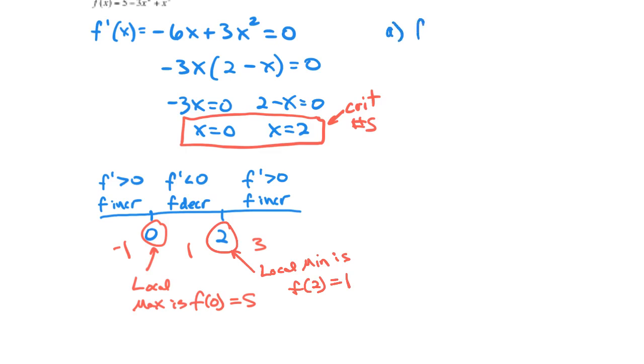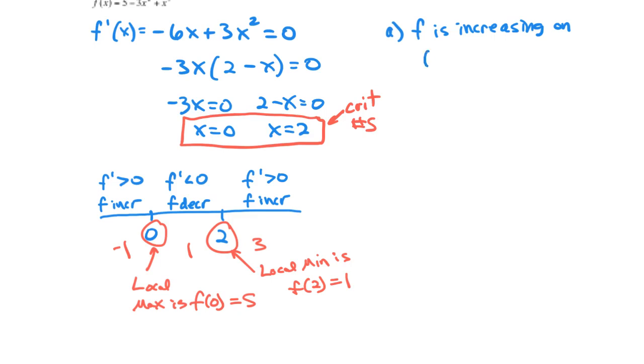So part A, f, the function itself, is increasing on, and then looking over here, it's increasing from negative infinity to 0, and then also from 2 to infinity.